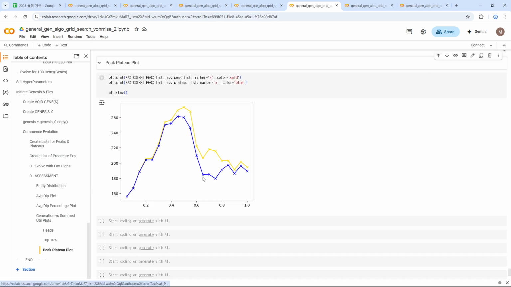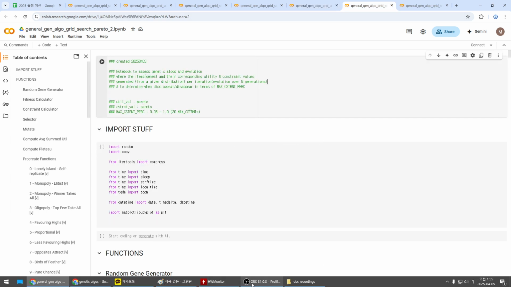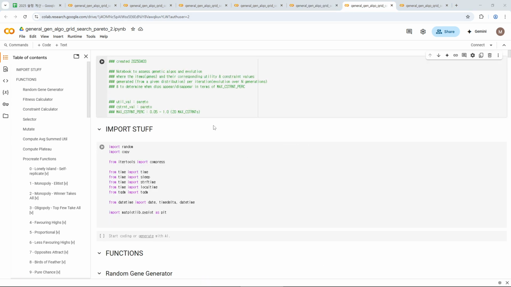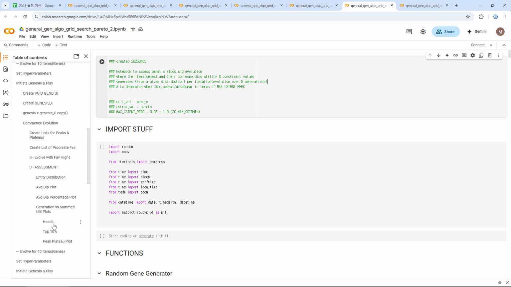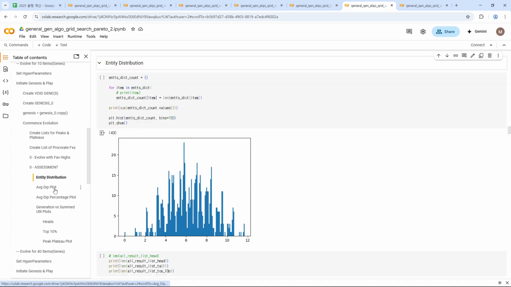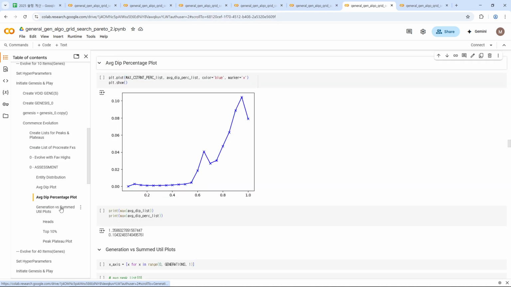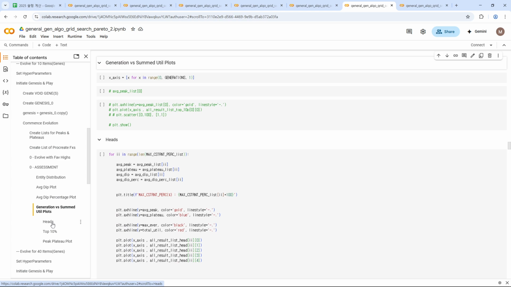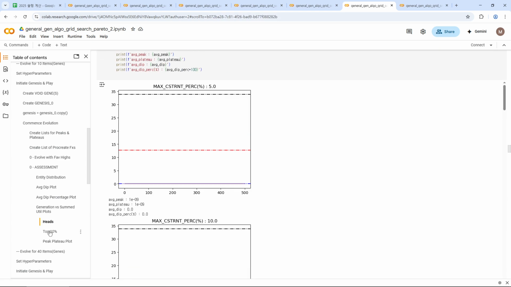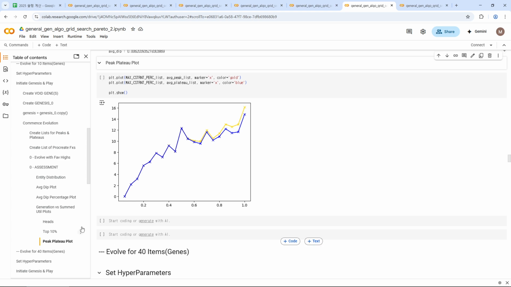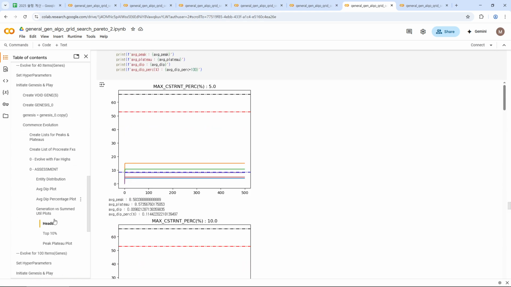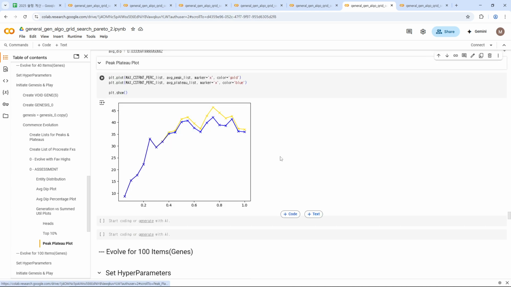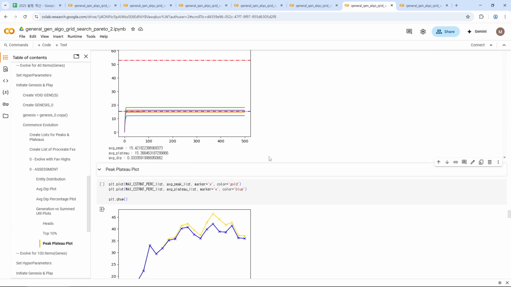Yeah, about the same. Peak plateau plot. Okay. Pareto. Let's just be quick. 10 items. Entity distribution. Okay, same. Average dip plot, same. The percentage plot, same. Heads. Yep. As usual. For 40 items. Kind of usual.